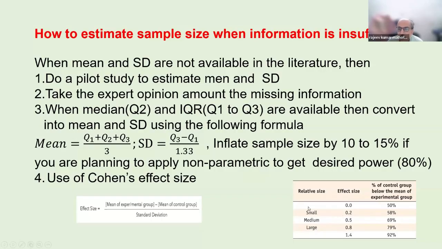If your effect size is medium, you need a smaller sample size compared to small. So as your effect size increases, your sample size will be small. So these are the ways to estimate sample size when you don't have proper information.